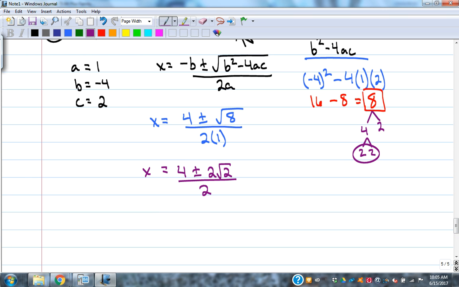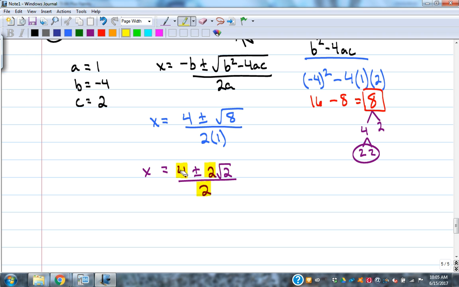Now, here's what I look for when I'm trying to simplify. This number, and this number. I look at those and say, are those divisible by the same number? Yeah, every one of those are divisible by 2. Notice I did not highlight the number under the square root. You cannot divide into the number that's inside of the square root.